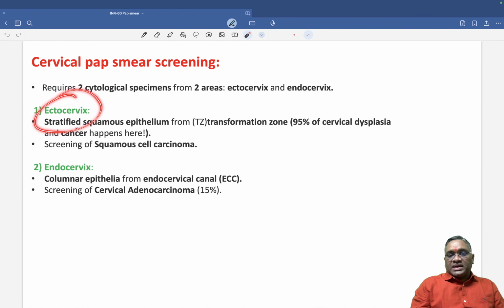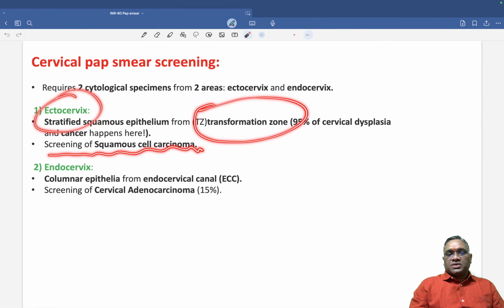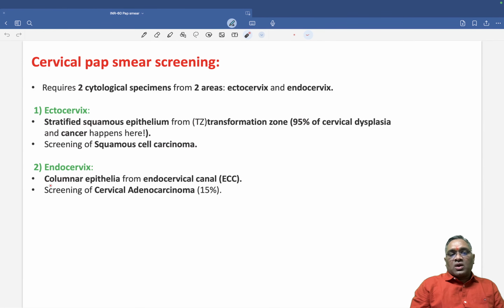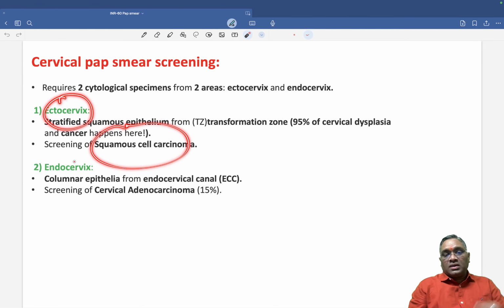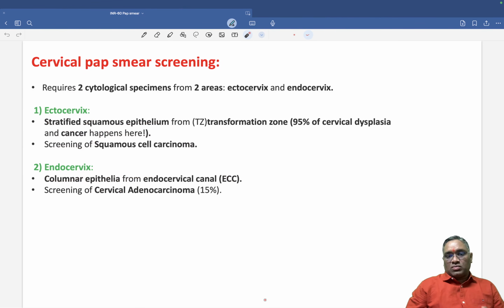So the ectocervix is for screening of squamous cell carcinoma at the transformation zone. The endocervix is for looking into the columnar epithelium from the endocervical canal, and this is for cervical adenocarcinoma.